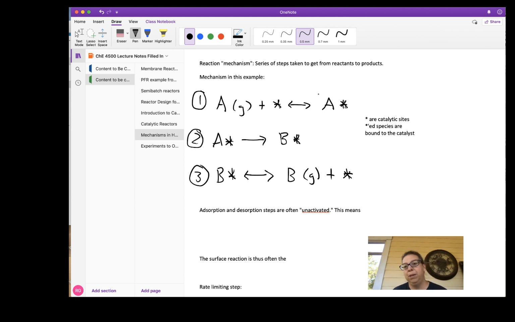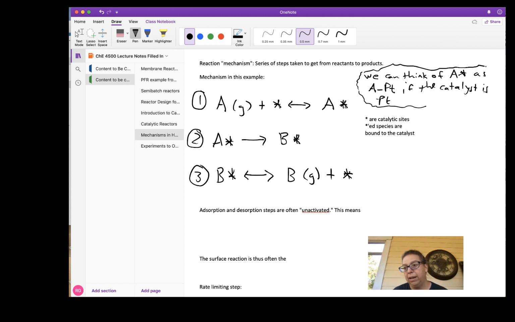Another way to write that would be to think of A star as A bonded to, for example, if our catalyst is platinum, A bonded to platinum. It's just a way to denote a catalyst site.